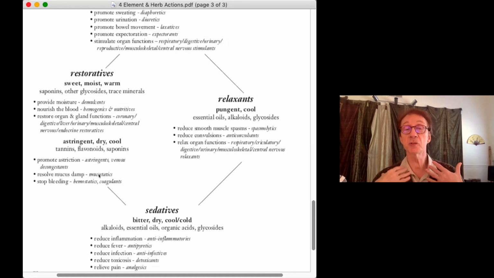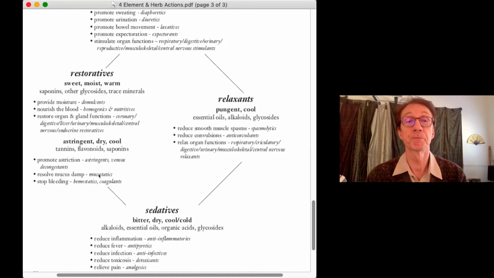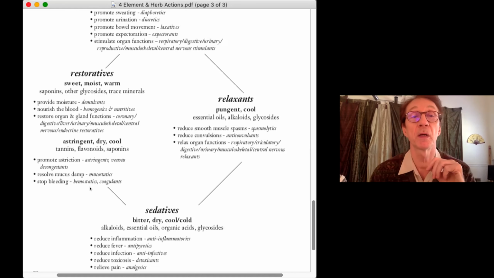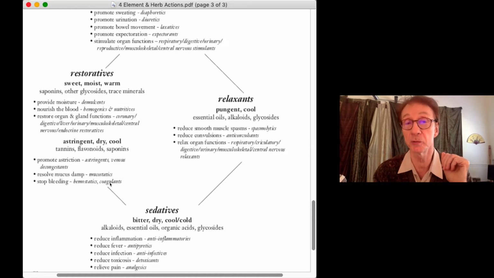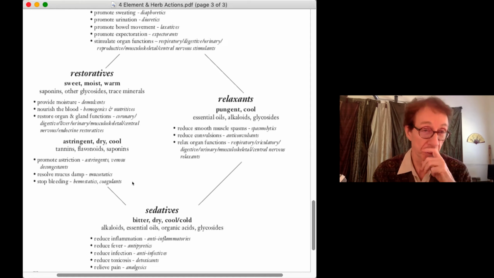It can be nasal discharge, phlegm in the chest, leukorrhea, etc. Mucousy diarrhea, right? And then we have astringents to stop bleeding, hemostatics, coagulants, and so on. So these are the two.